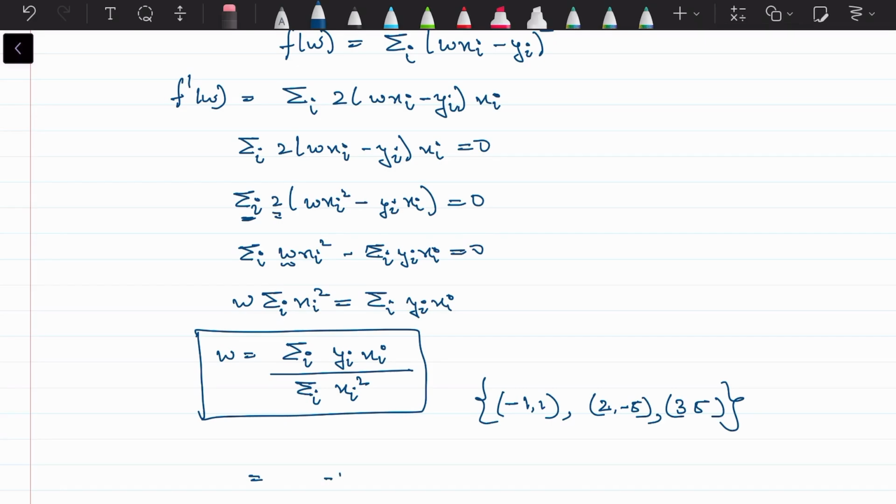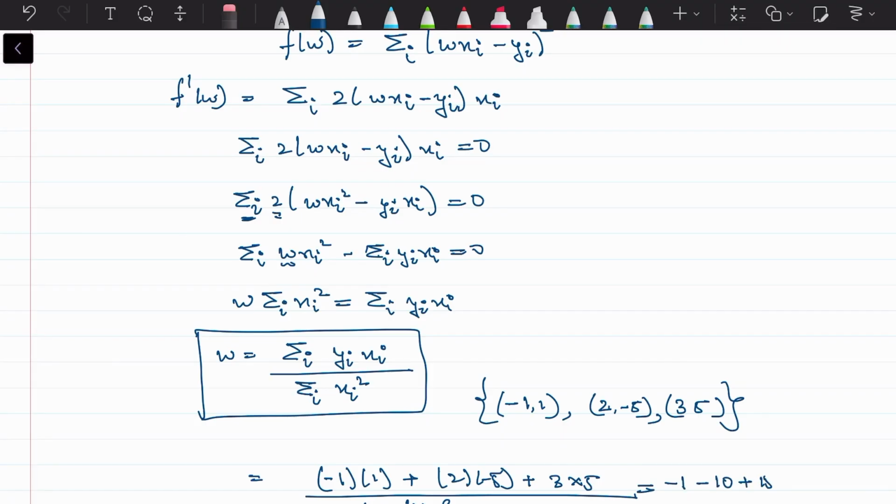So minus 1 into 1 plus 2 into minus 5 plus 3 into 5, divided by the sum of xi squares. So it would be 1 plus 4 plus 9, which comes out to be 14. So this value would be minus 1 minus 10 plus 15 divided by 14.